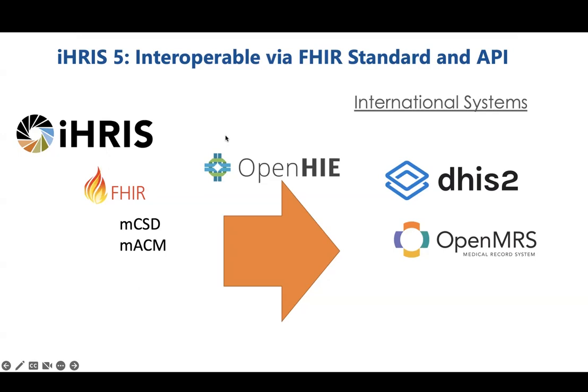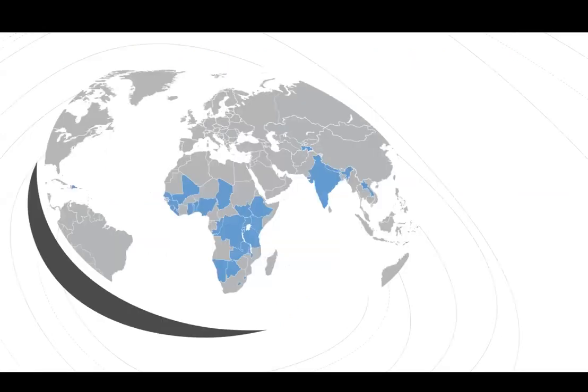So you can easily share data from IRIS using the FHIR standard, and then you can associate your health worker data with your service delivery data, and make some really good analysis as you go on.